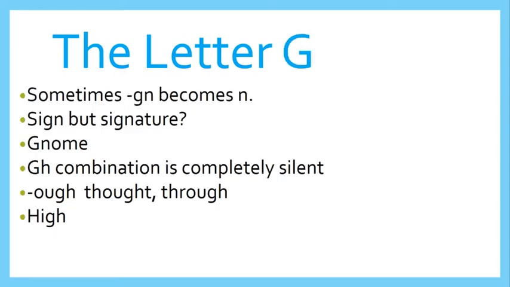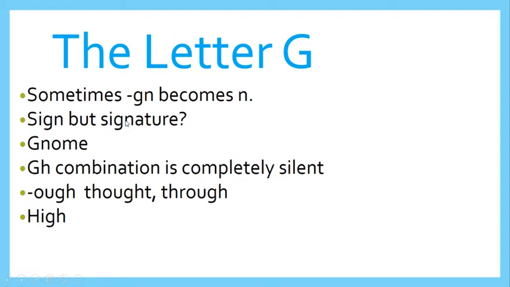The letter G. So the letter G is silent oftentimes when it is next to an N sound. So we have sign or gnome. But pay attention here. When sign becomes signature, the G is pronounced again.